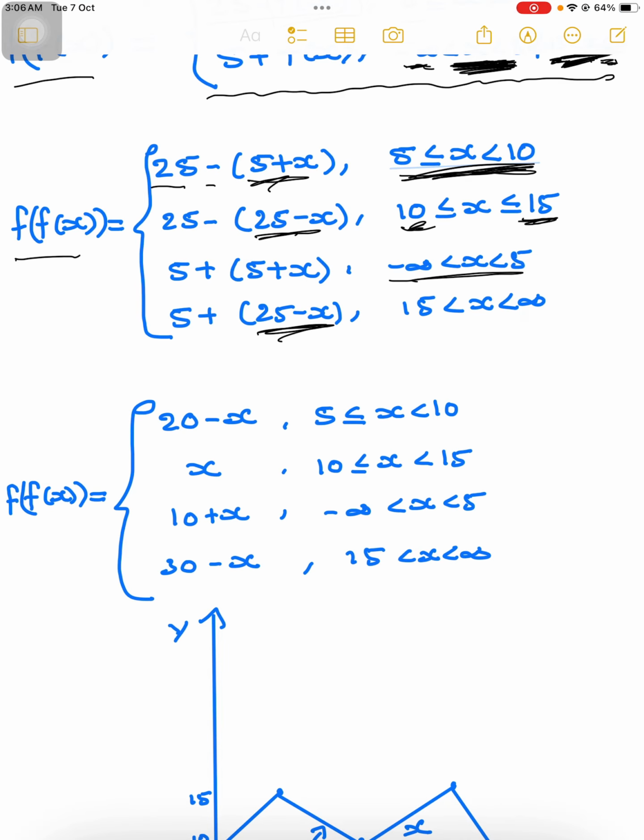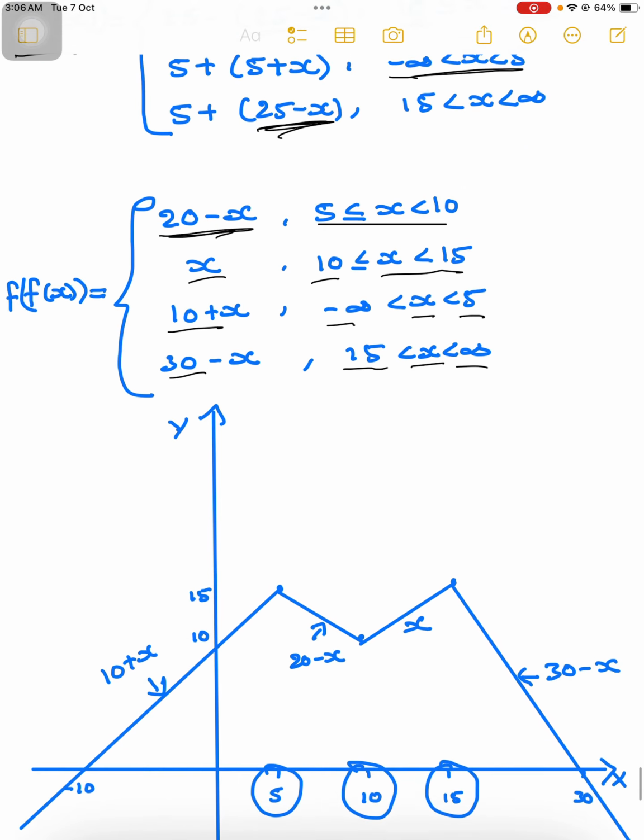Now coming to the next step. After calculation: 25 minus (5 plus x) gives 20 minus x for 5 less than or equal to x less than 10; x for 10 less than or equal to x less than 15; 10 plus x for minus infinity less than x less than 5; and 30 minus x for 15 less than x less than infinity.